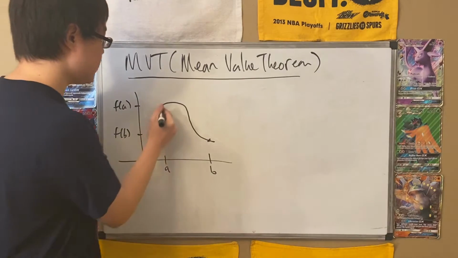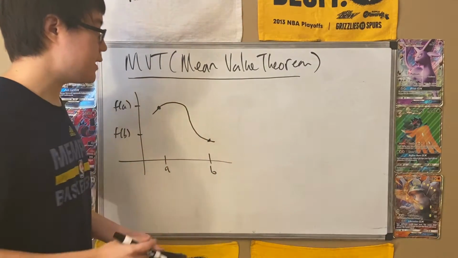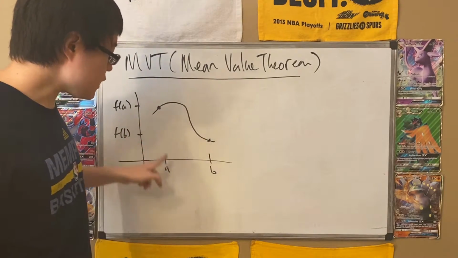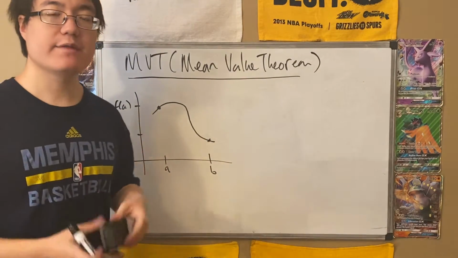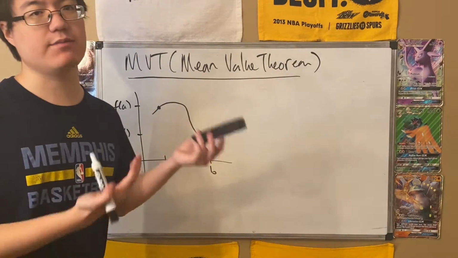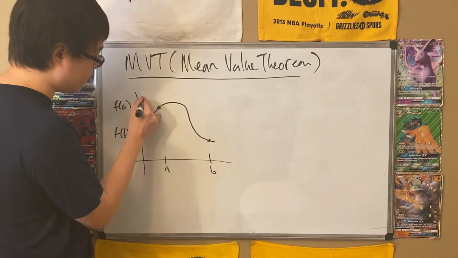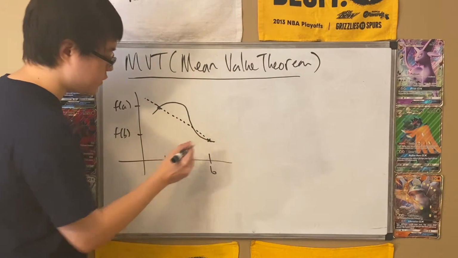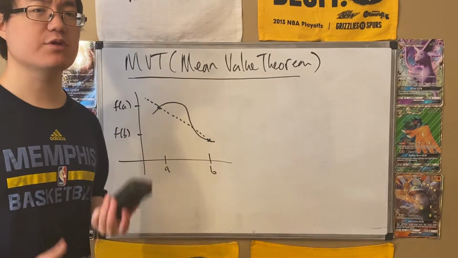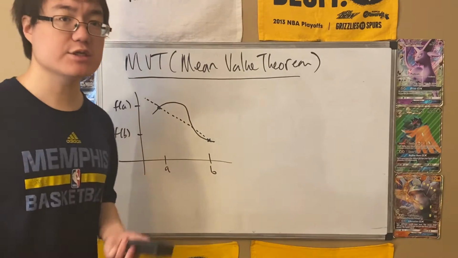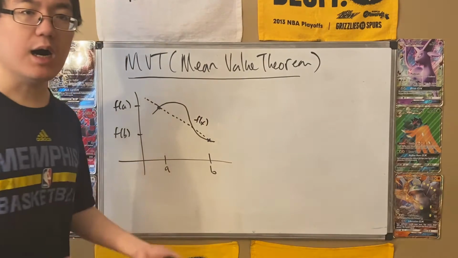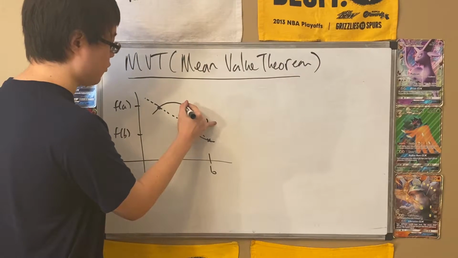What the mean value theorem says, and mean refers to the slope, is that the slope along the line containing A, f of A and B, f of B is going to be equal to the slope somewhere in the interval instantaneously, meaning the derivative.